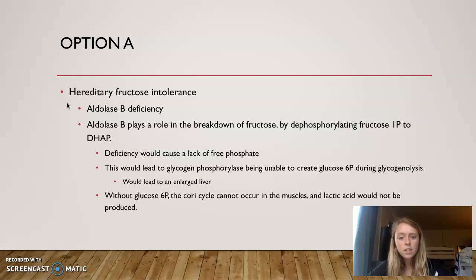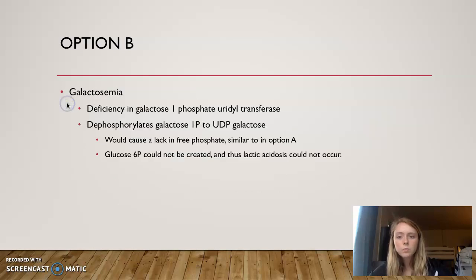So this option seemed kind of enticing at first, but then you go to the next symptom of lactic acidosis, and I realized that without the glucose 6 phosphate, the Cori cycle can't occur and lactic acid would not be created. So that would mean that the symptom of lactic acidosis would be unexplained.